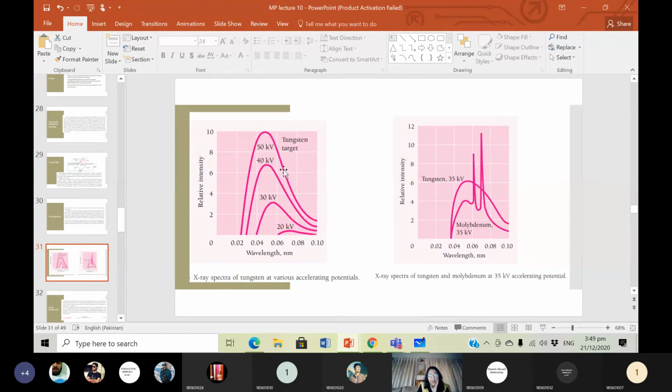We have the tungsten target, and we apply a different voltage here, different voltage here, different voltage here, and we get some peaks. This one is for a particular voltage, 35 kilovolts, and we get a peak. This is for tungsten, and this is for molybdenum.